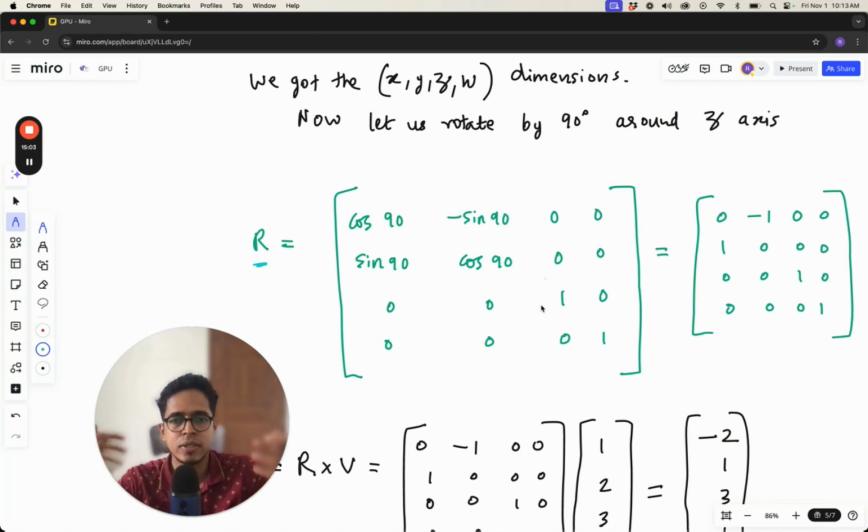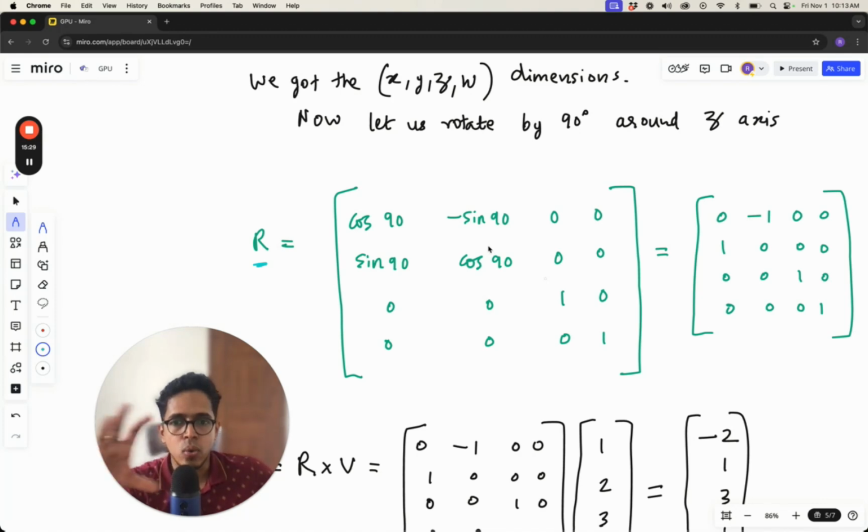It will consist of cosines and sines. The more generalized format of the matrix, to take into account the fact that the object can be rotated around x, y, and z, will be a bit more complicated than this. But this is how it will look if you are rotating by 90 degrees around the z-axis. So the value of the R matrix is 0, -1, 1, 0, and the rest of the things look like a unit identity matrix.